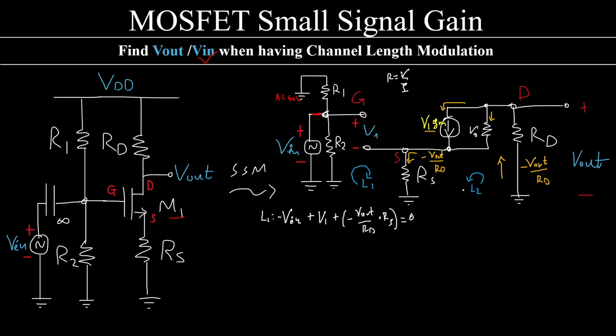All of this is going to be equal to 0. Now, let's take a KVL also on this other loop. Minus Vout, the voltage here, minus because we enter a negative terminal. Then there is a positive voltage difference over here, some kind of VRO, so I'm going to name it VRO.